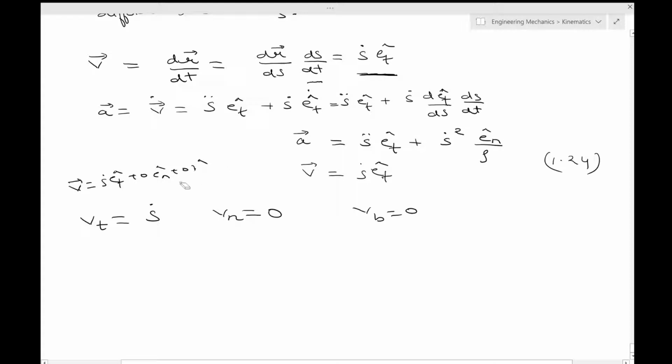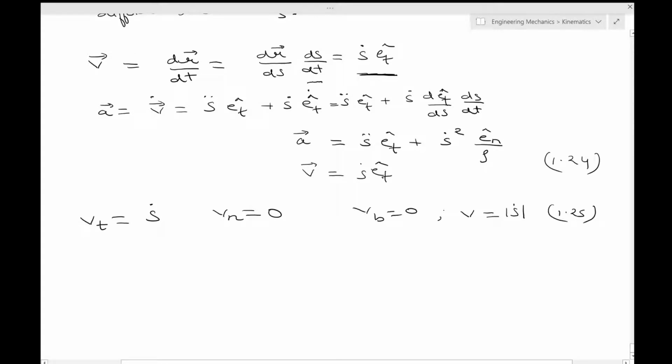So that's how we write this, and then you can clearly say that the magnitude of V is equal to s dot.